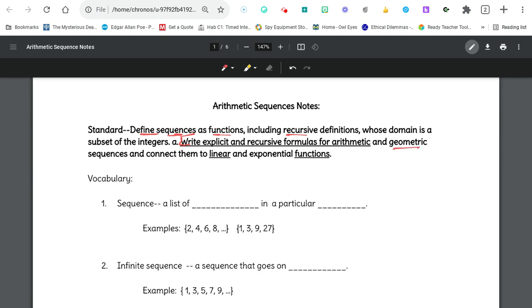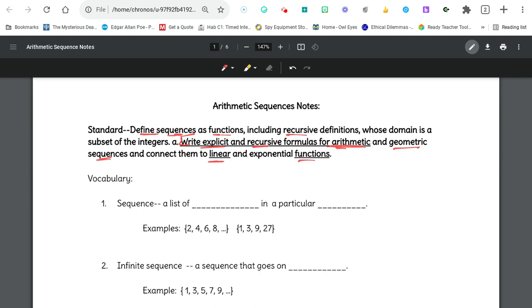I noticed that this has geometric sequences in it, but we're not going to focus on geometric until second semester. So for right now, we want to write explicit and recursive formulas for arithmetic sequences and connect them to linear functions. That's our goal today. And we're going to be able to evaluate some of these and write rules for them.